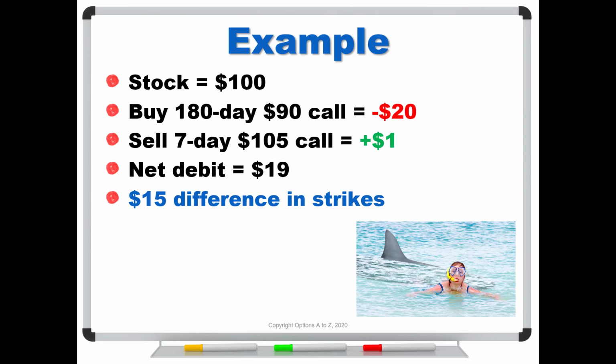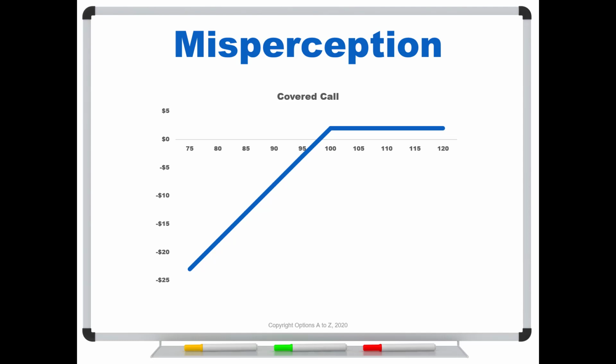Well, when traders put on these diagonal spreads, they often have a big misperception that their risk graph looks like a covered call. And in their mind, they're thinking about this flattened portion right here where we flatten out against the strike. So whatever strike we sell, they're thinking that they're just going to have this flattened portion. No matter how high that stock price goes, they at least can squeeze out a little bit of a profit.